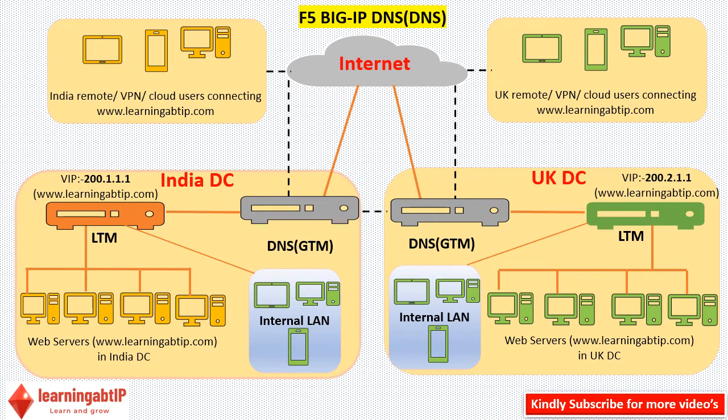Not only Learning About IP, we may have multiple web servers in multiple DCs or on cloud. The main thing is, where is the DNS server and who is managing the DNS server, or who is managing the name of Learning About IP.